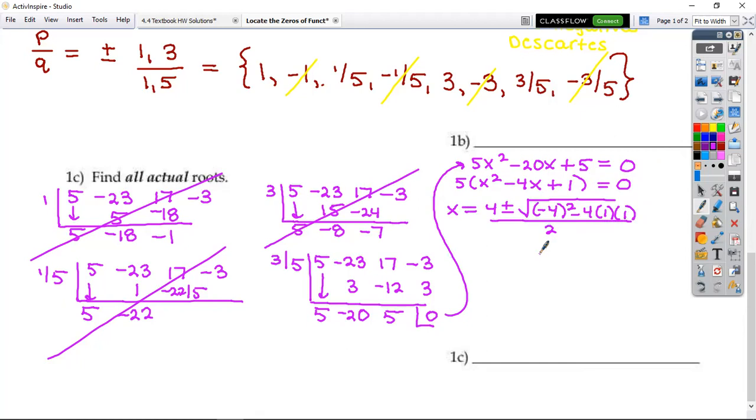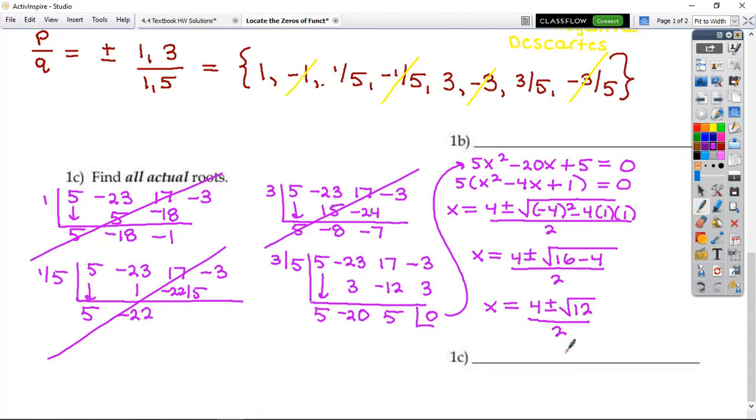All right, so continuing. So I have x equal to 4 plus or minus the square root of 16, and then minus 4, and then over 2. All right, so continuing, what do we get from this? So x is equal to 4 plus or minus the square root of 12 over 2.